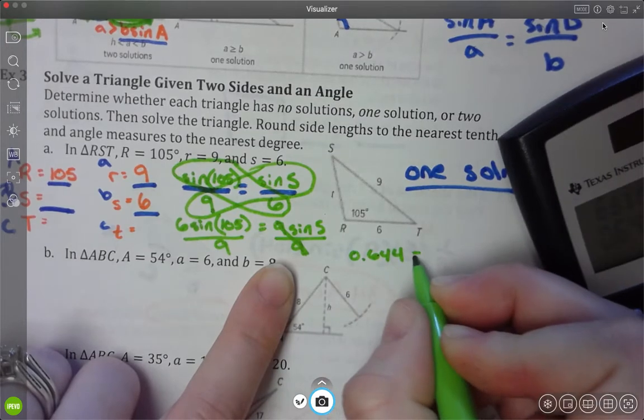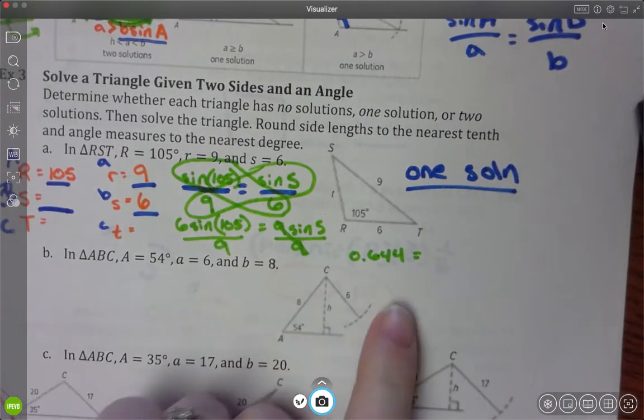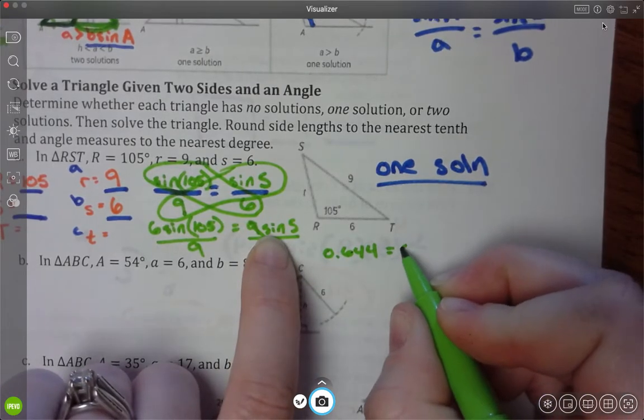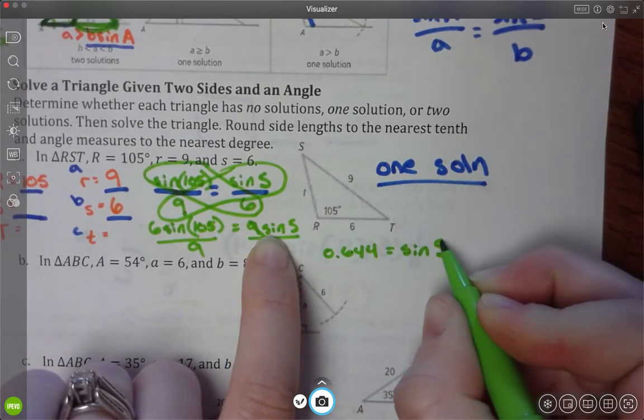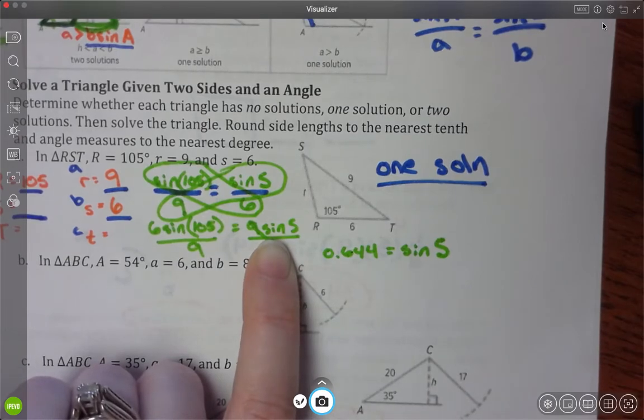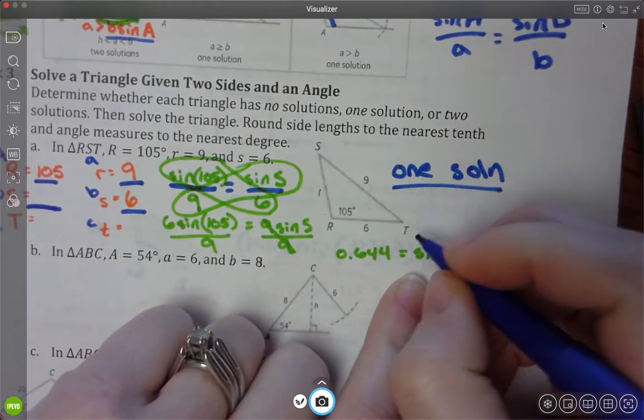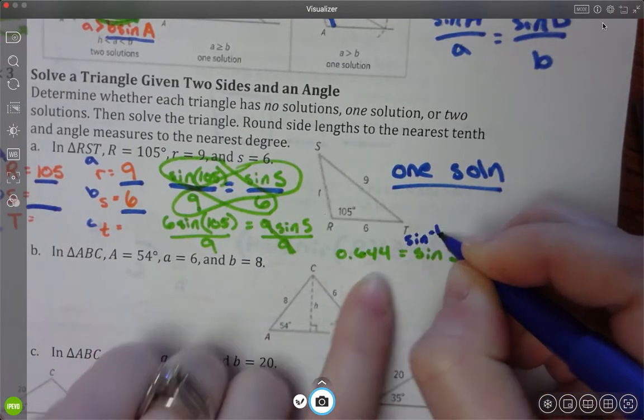Now, is that an angle or is that a side? Well, here's the deal. That is equal to sine of S. We did this before in the right triangle trig, in section 8.4, I think, where if you're trying to get S by itself and you have a sine in the front, you have to do what's called inverse sine.